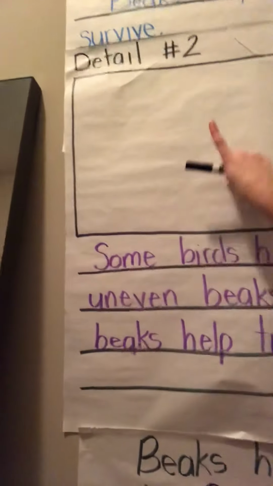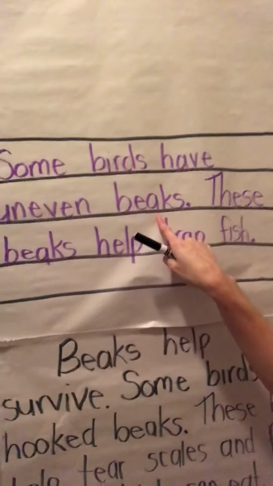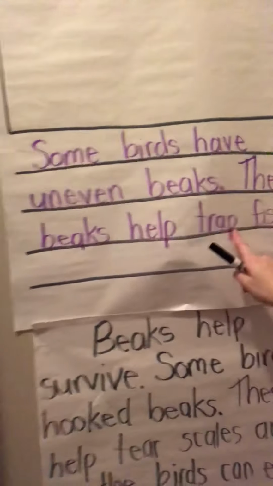Alright, so now I finished detail 1. So now I'm ready to move to see what I wrote for detail 2. So here it says for my detail 2, I put some birds have uneven beaks. These beaks help trap fish.